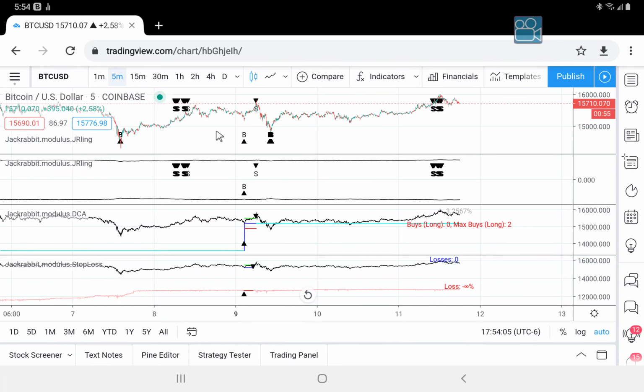For example, combining this with an inverted momentum is another way of getting a very good long-term all-weather indicator. So there are ways that you can really take a simple process like JRling and really make it into an award-winning stellar trading system.